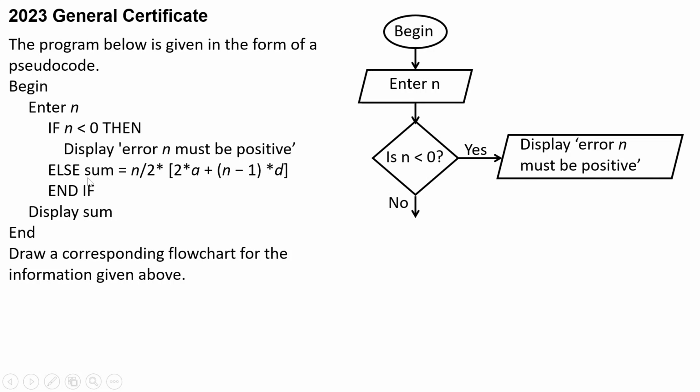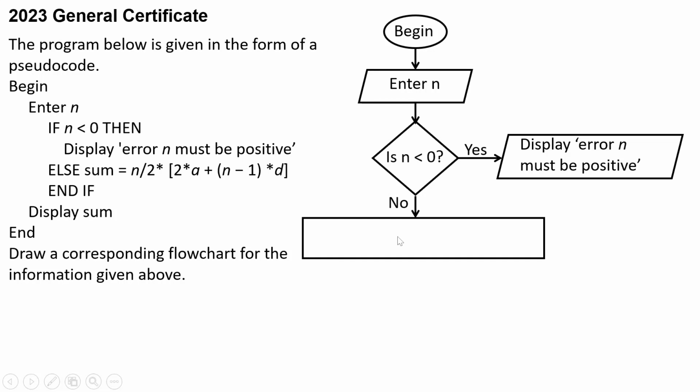Then you find sum is equal to this. This sum means the computer will start processing after entering the correct value of n. If you enter n, it is checked, is n less than 0? No, meaning the value of n entered is correct. Then the computer program will go ahead to calculate the required value, which is sum.